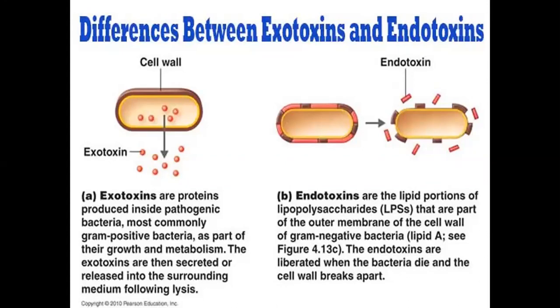Endotoxins are the lipid portions of the LPS that are part of the outer membrane of the cell wall of a gram negative bacteria. Lipid A. The endotoxins are liberated when the bacteria dies and the cell wall breaks apart. This is what is called septicemia.